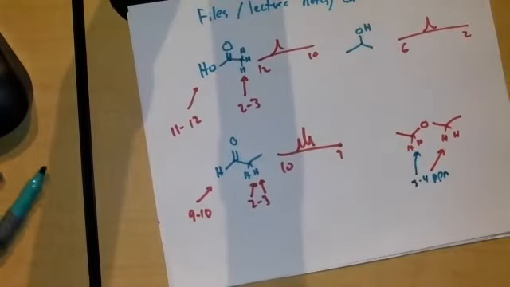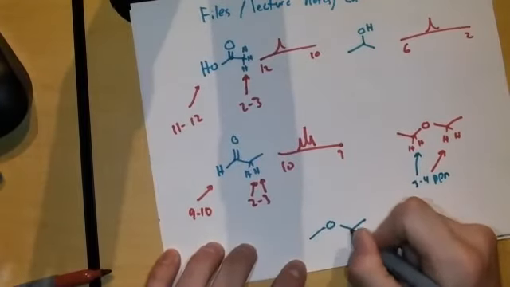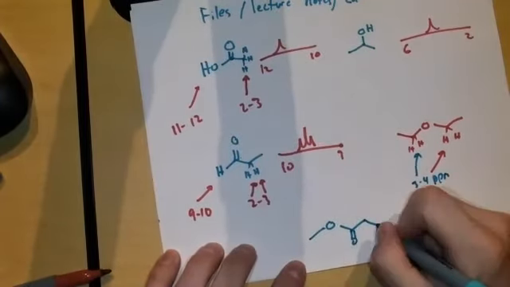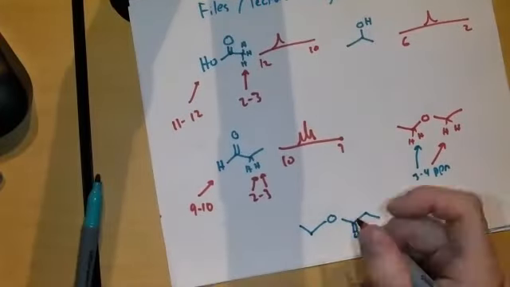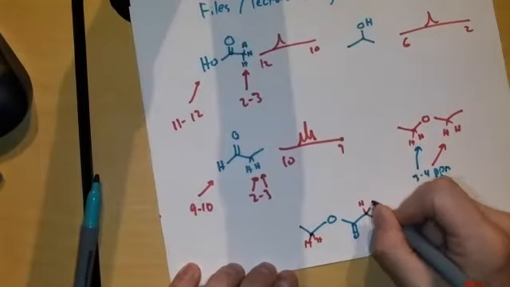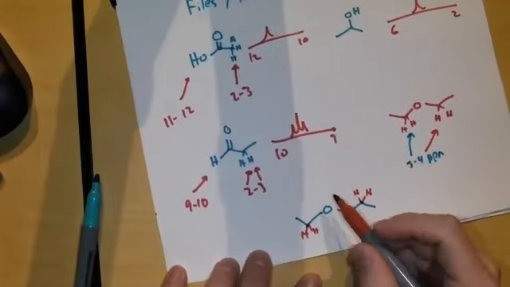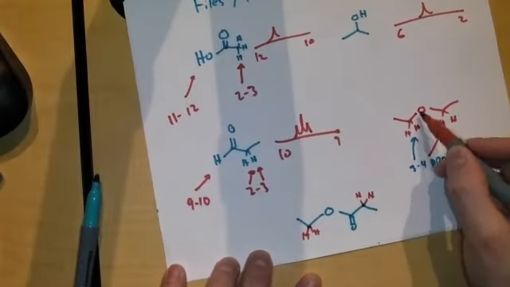So if we think about what an ester is, on one side, the left side here, we have an oxygen attached to it. So this is basically just this half of an ether.